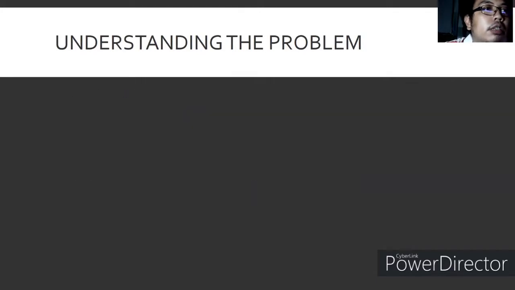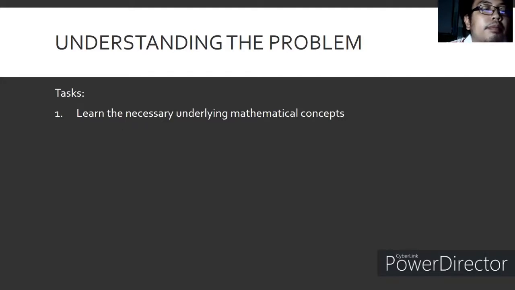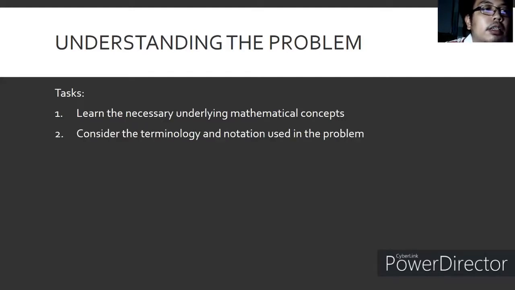Here are the things you need to do in understanding the problem. Learn the necessary underlying mathematical concepts. Consider the terminology and notation used in the problem, so you have to unlock all of those. Rephrase the problem in your own words.